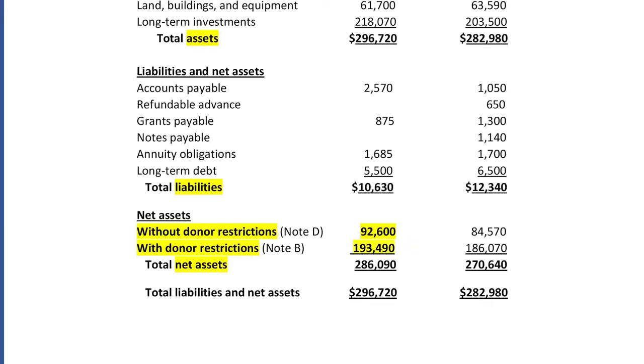And the total net assets, 286,090. The same numbers that we had on the statement of activities. So basically, in short, the statement of activities reflects the change in net assets during the year. The change in net assets from last year to this year end.